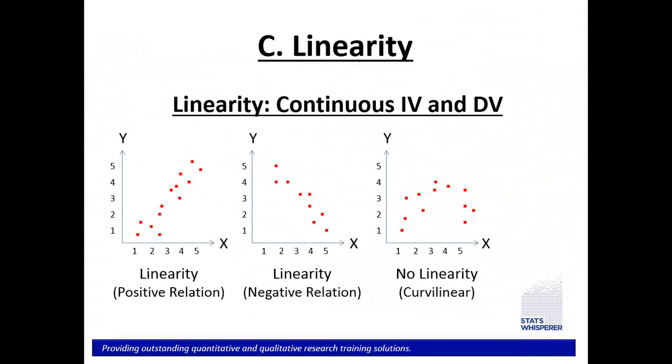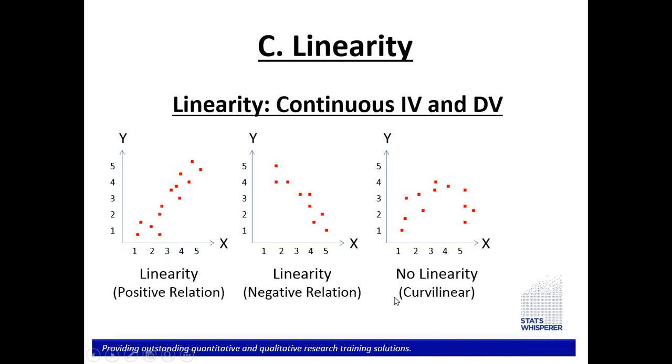On the far left here, we see a positive linear relationship. As the scores on X go 1 to 2 to 3 to 4 to 5, the scores on Y also go 1, 2, 3, 4, 5, where 2 and 2 meet, 3 and 3 meet, 4 and 4 meet, 5 and 5 meet. That's a linear relationship. A positive one is one goes up, the other goes up.